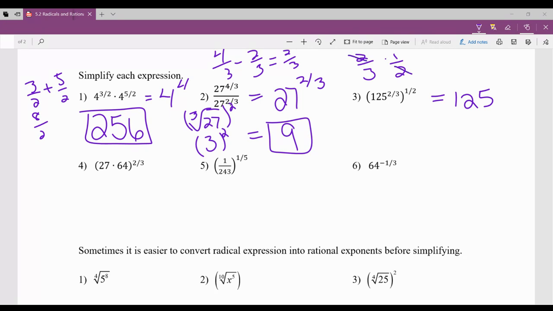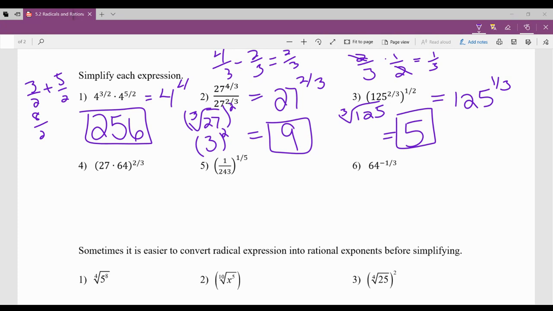So the 2's are going to cancel, so 1/3. So we have 125 to the 1/3, and once again, that's power over root. So we've got the cube root of 125 to the power of 1, but we don't really need to do power of 1. So the cube root of 125 is 5. Final answer.